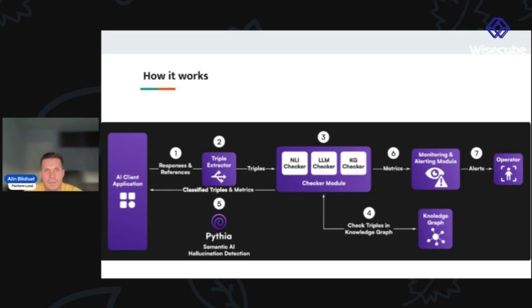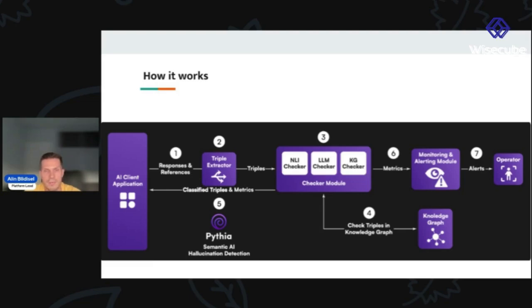Then, as steps in order to use Pythia, as we already mentioned, we take the responses and references from the RAG. On the backend, in the Pythia tool, the triples will be extracted: as Alex mentioned, the subject, predicate, and object of the claims. Then there is the checker module, which uses NLI, an LLM, and the knowledge graph.